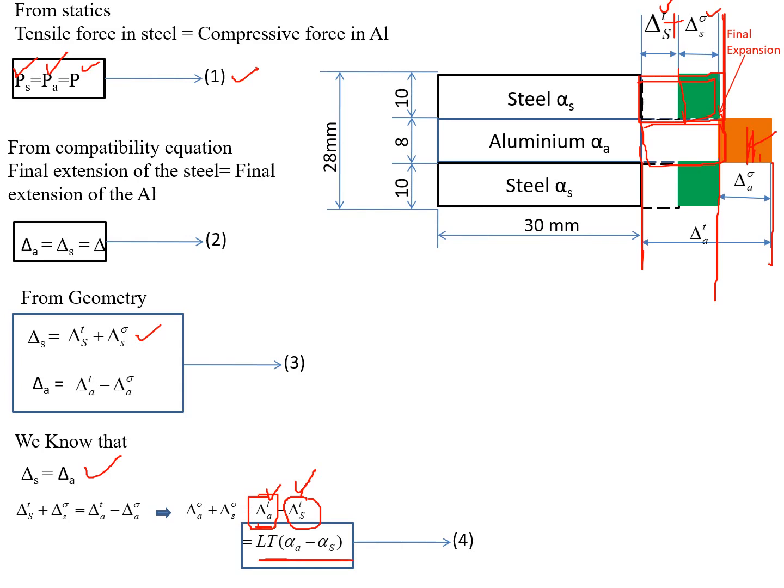LT is common, so we take alpha A minus alpha S. So delta A sigma plus delta S sigma equals LT into alpha A minus alpha S.